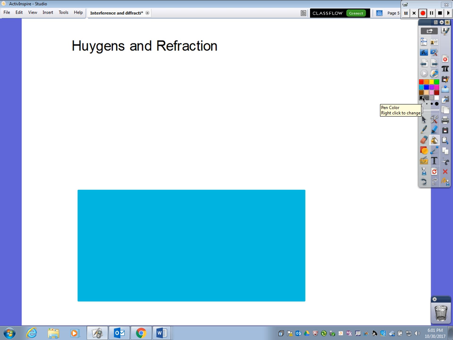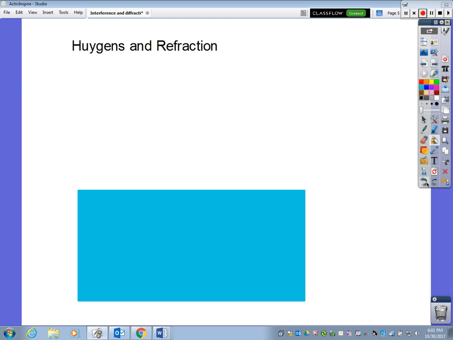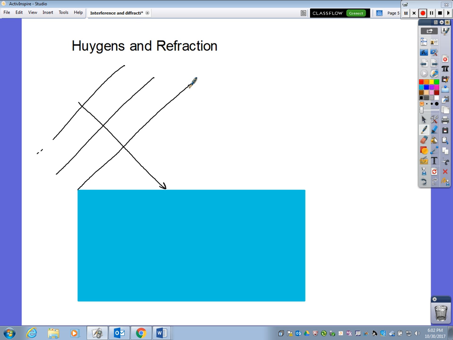We have the incident ray coming in at an angle perhaps like that. And that ray consists of these wavefronts that are like this. Okay? So each point on the wave is a new wavefront.